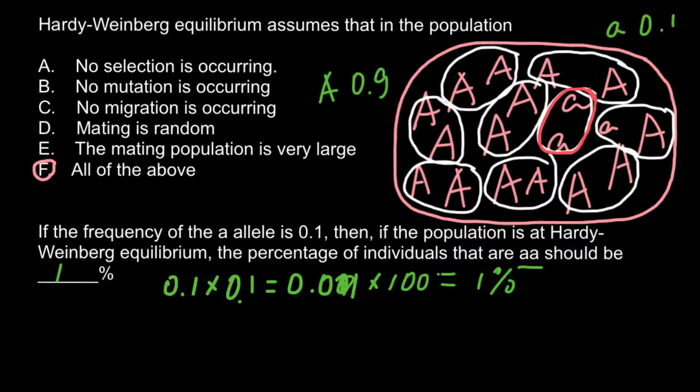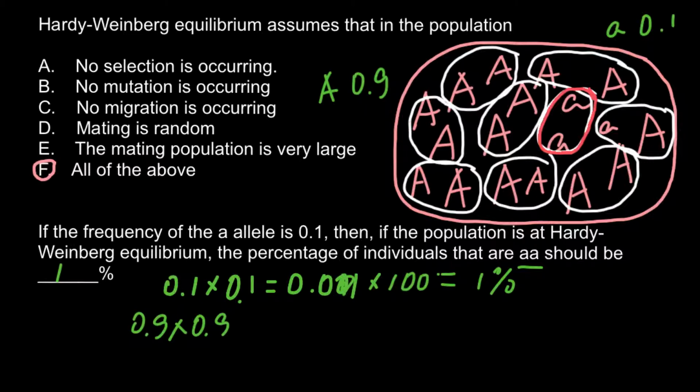And here is the Hardy-Weinberg formula. The probability of the homozygous dominant variant would be 0.9 multiplied by 0.9.